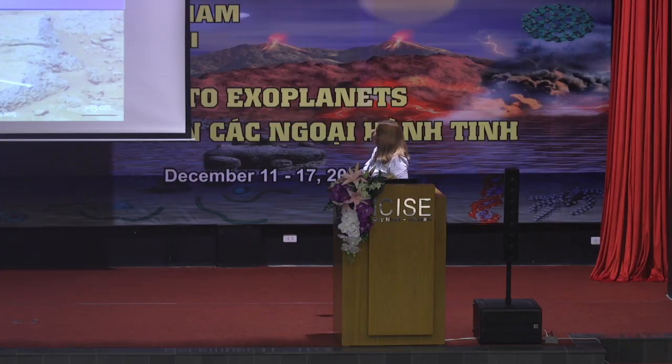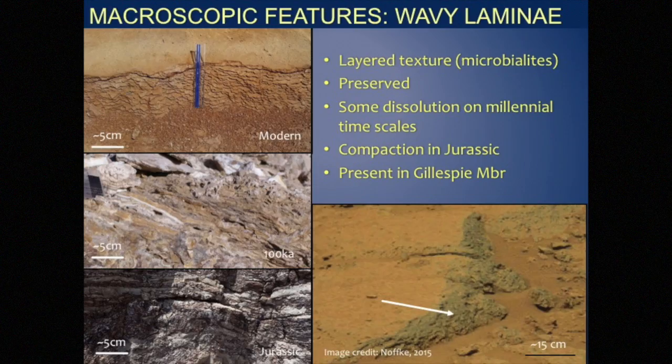Some of these macroscopic features that we observe are present in these modern mats. There's some wavy laminae. They're present in the 100,000-year-old mats, and also in the Jurassic.